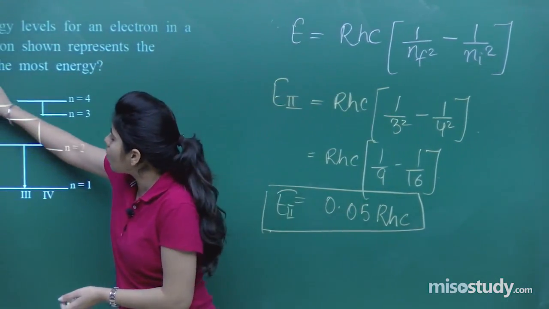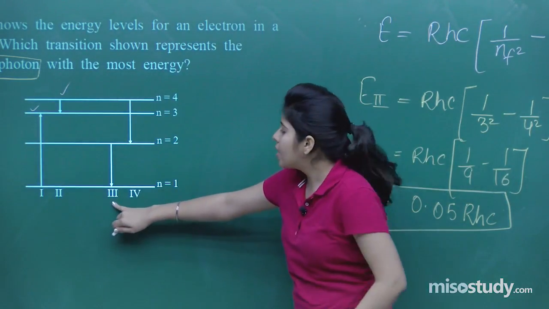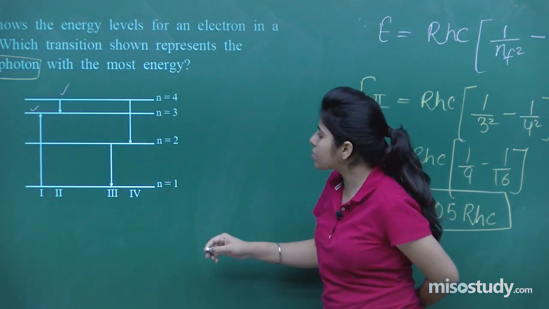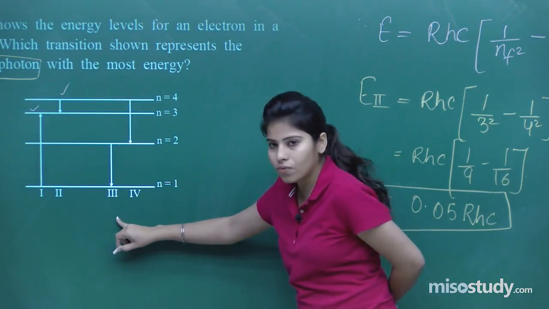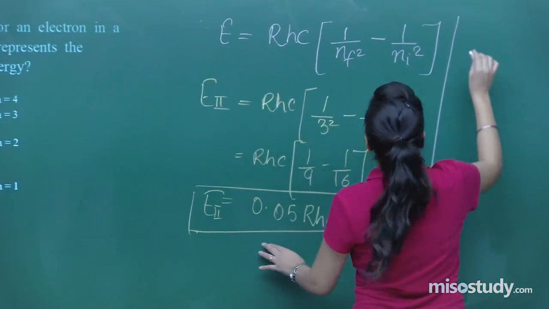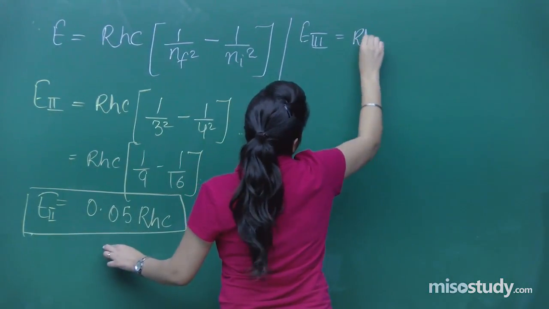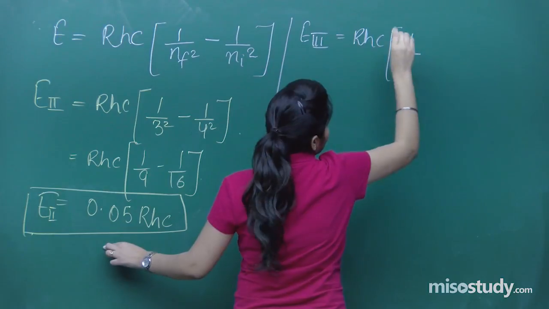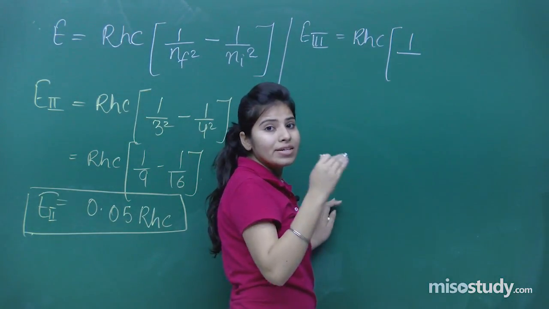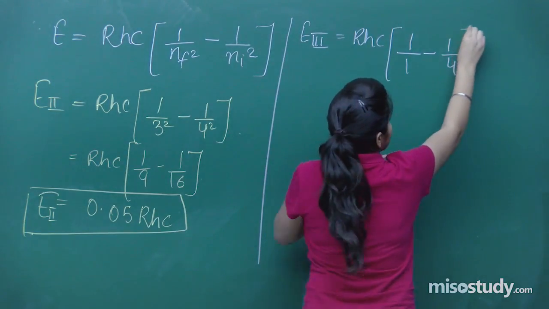Now we will be moving towards the next one. We have discussed this and this. If I move towards the third part, in this case the electron is coming from 2 to 1. So in this case, 2 to 1, that means your final energy level is 1. 2 square is 4.